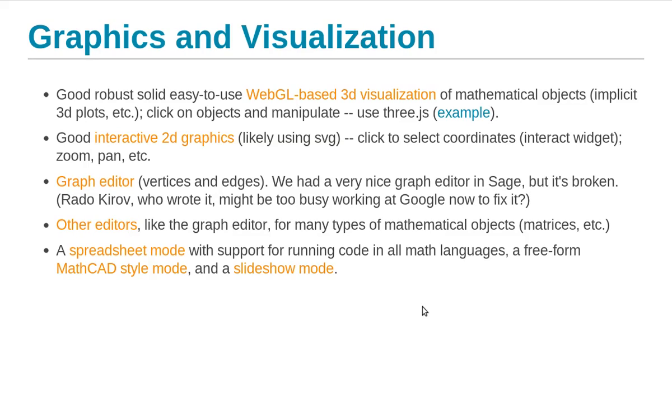Under graphics and visualization, it'd be really nice to have good 3D visualization in a browser based on WebGL, especially based on three.js, so it'd have a canvas 2D fallback for devices that don't work with WebGL. Three.js is pretty neat, but if you want to really do mathematics visualization, it's still a pretty painful process to just drop it in and have it work well. There are a lot of subtle issues that come up.